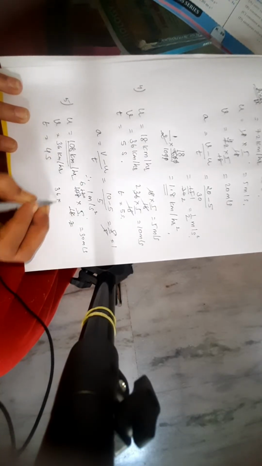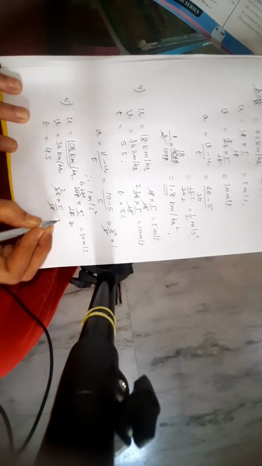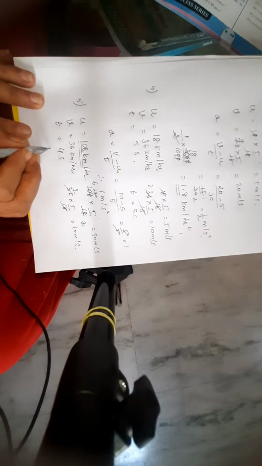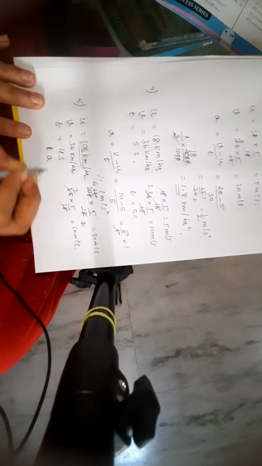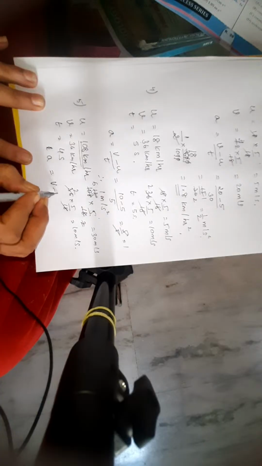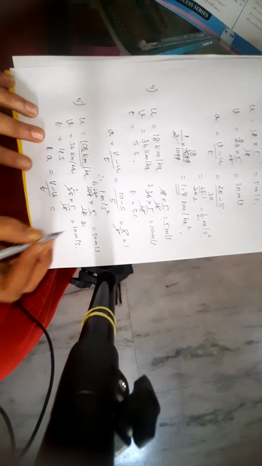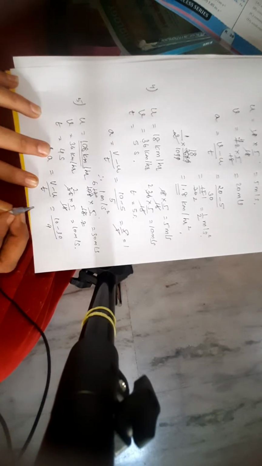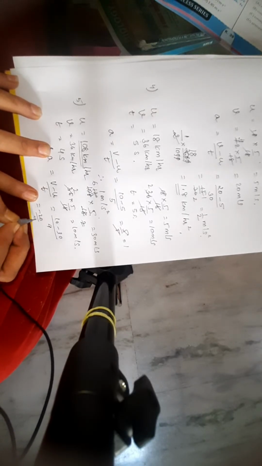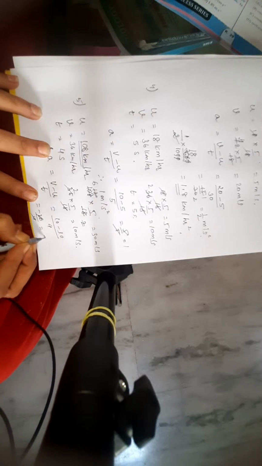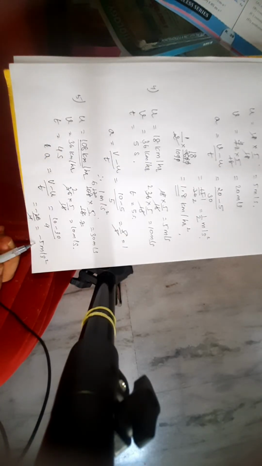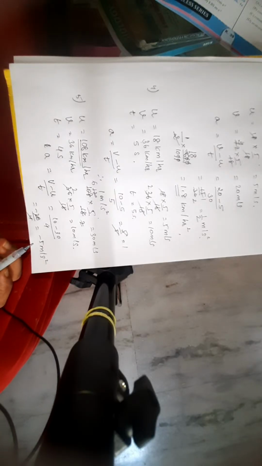And the same way 36 multiplied by 5 upon 18, 10 meter per second. Now acceleration is v minus u by t. Here v is 10, u is 30, upon time is 4. Thus it is minus 20 by 4, which is minus 5 meter per second square. I told you, whenever they ask for retardation, we will get the answer in negative. Retardation means the speed is getting reduced.